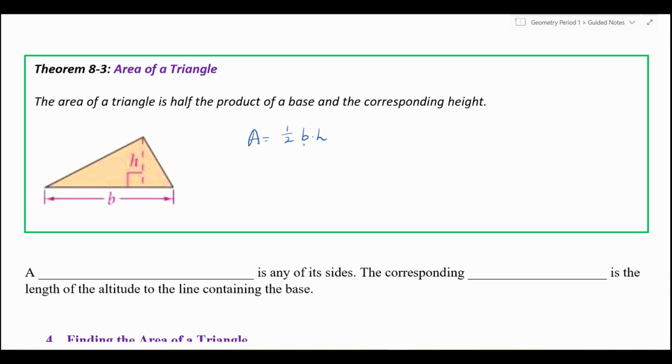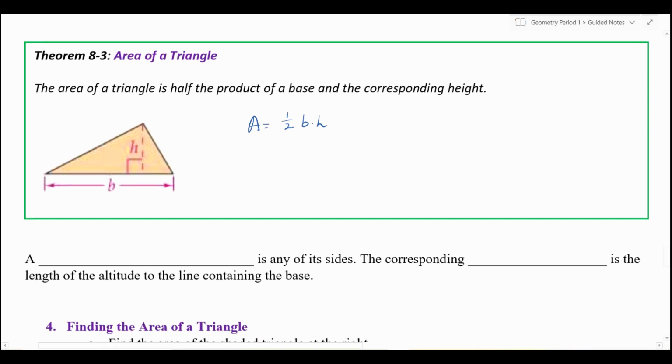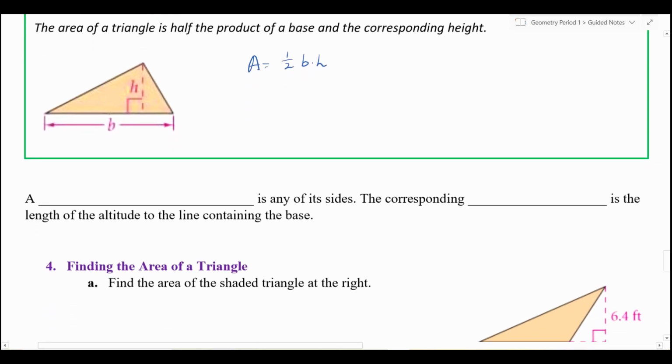All right. So we have a base of a triangle. A base of a triangle is any of its sides.